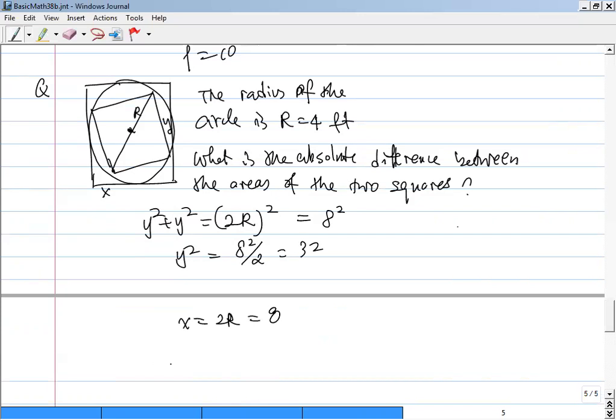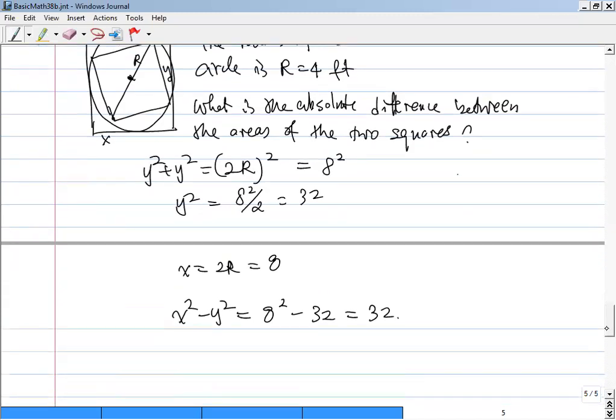So the difference is x squared minus y squared, 8 squared minus y squared. Y squared is 32. So again, it's going to be 32. Okay, 32 is the answer. Yeah, y squared is 32.